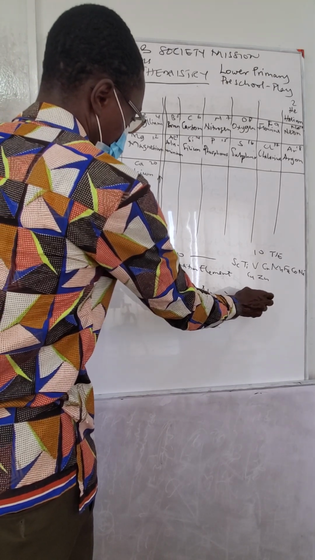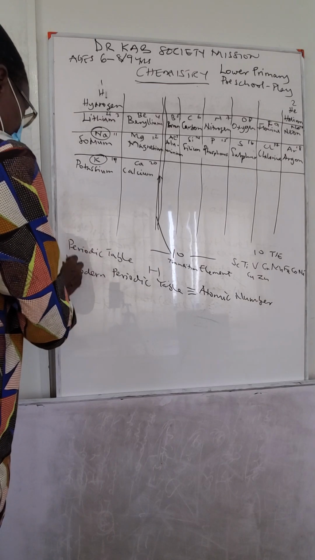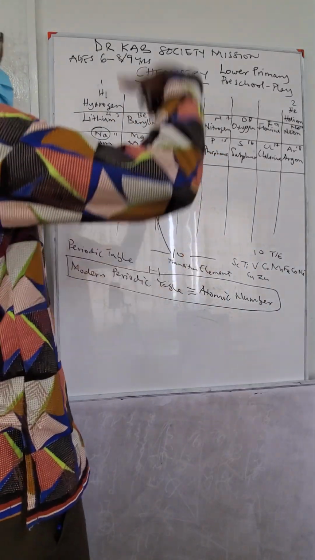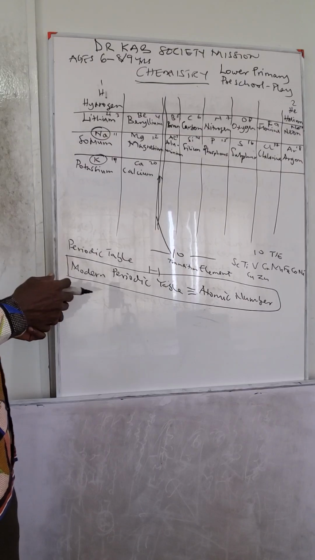Unlike the traditional one, the old one, which was based on atomic mass by Mendeleev. But the modern periodic table, which is the current one we are using, is based on atomic number, because atomic number relates to the features of the elements better than atomic mass.